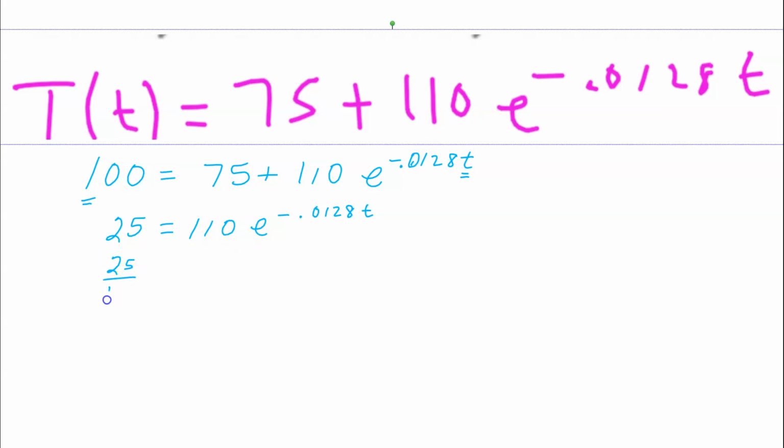So we have 25 over 110 equals e to the negative 0.0128 t. How do we get rid of e? ln both sides. When we ln e, that's going to cancel out, leaving us with negative 0.0128 t. Now all we have to do is divide that over.